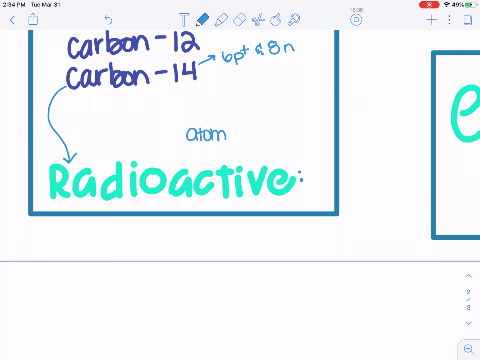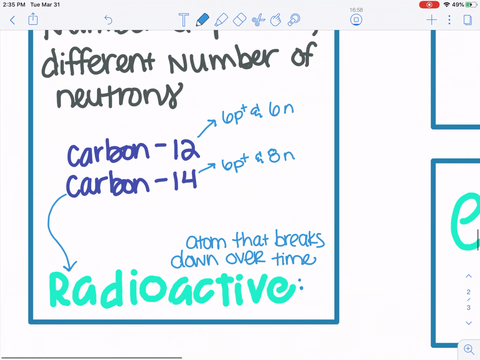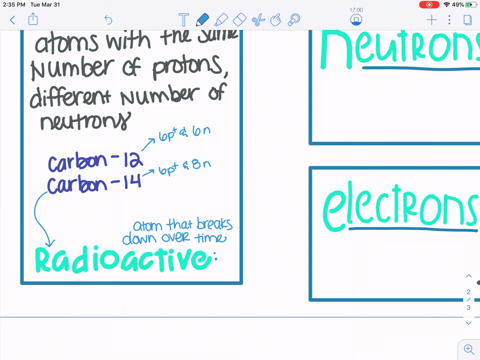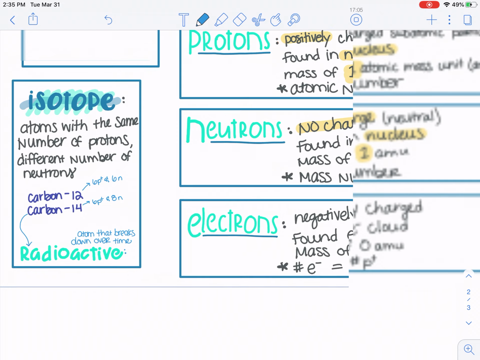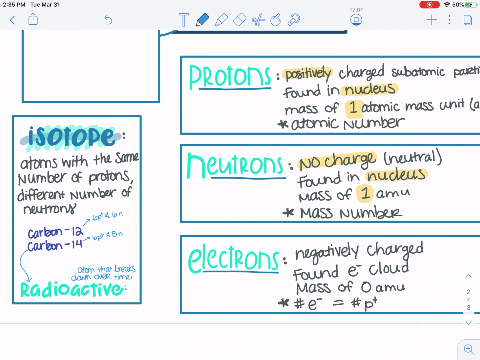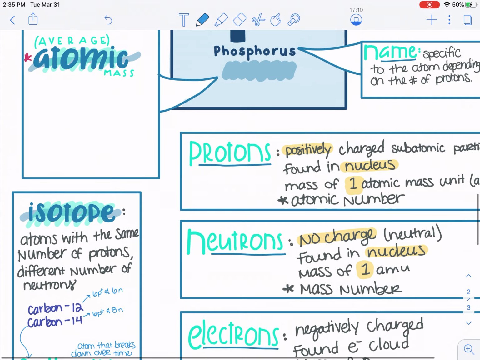And we talk more about radioactivity later on. Right now, we just know that they're not stable. They can emit a type of radiation: an alpha particle, a beta particle, or a gamma ray. But isotopes have the same number of protons and different numbers of neutrons.